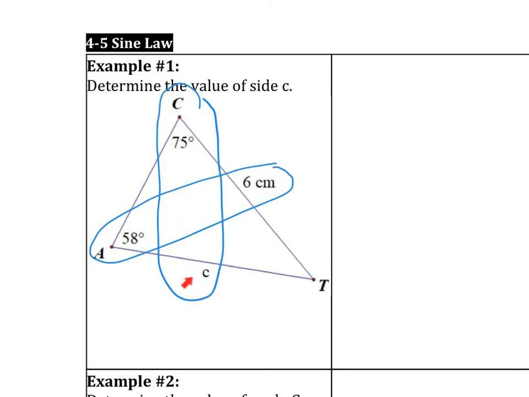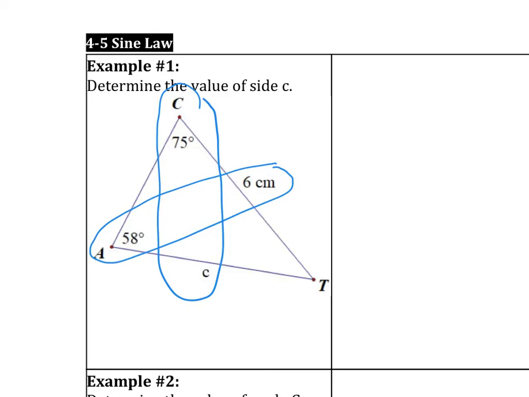You'll be using the cosine law, which is what we'll get to on the next day. So you want to be able to make two ovals like this and have three pieces of information known and one piece of information that you don't know.